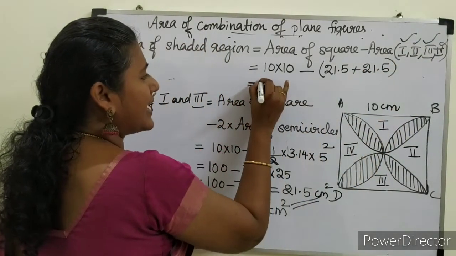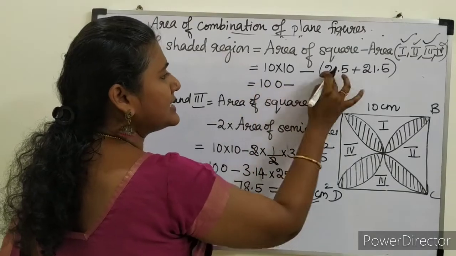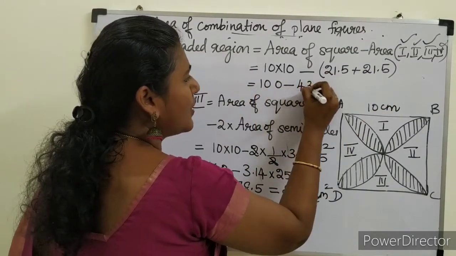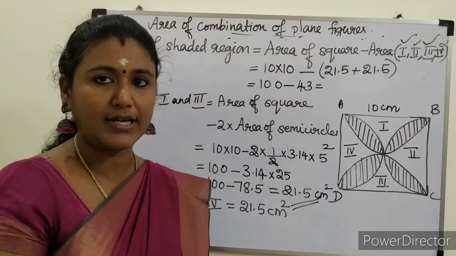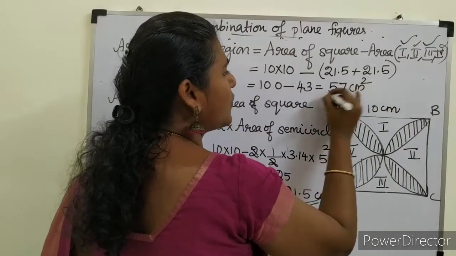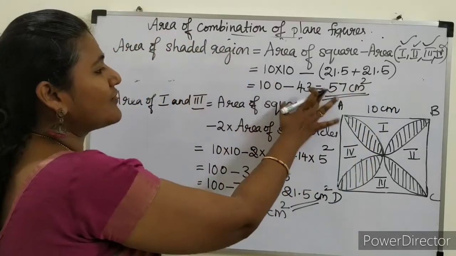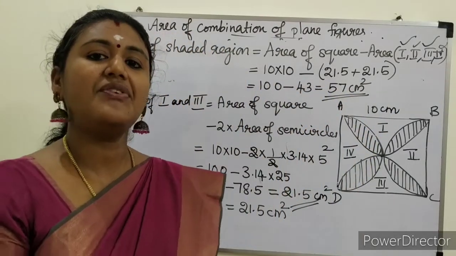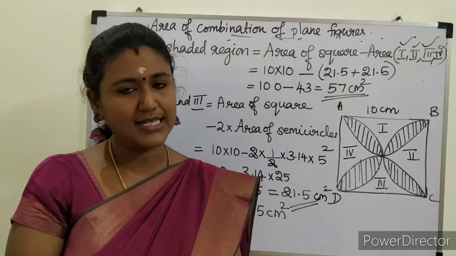When you add them you get 43. So 100 minus 43 is equal to 57 centimeter square. So the area of the shaded region is 57 centimeter square.